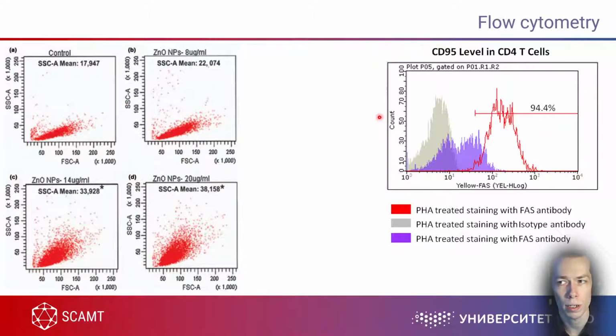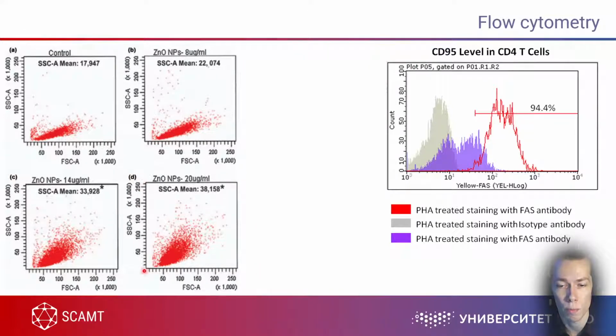So in a flow cytometer, as mentioned in the name, flow, you have very thin capillaries. In these capillaries, your cells will flow one by one, and with a special laser, you will illuminate your cells and read two parameters, side scattering and front scattering. And based on these parameters, you can understand granulation, size, and other parameters of your cells, and put your cells in different subpopulations on this plot.